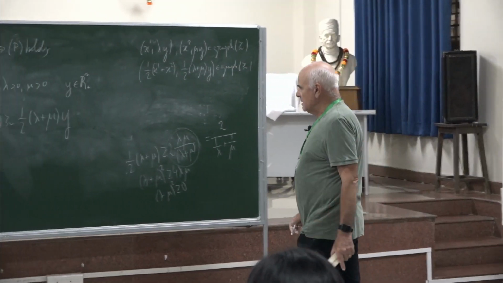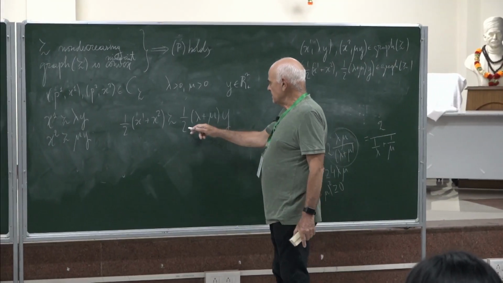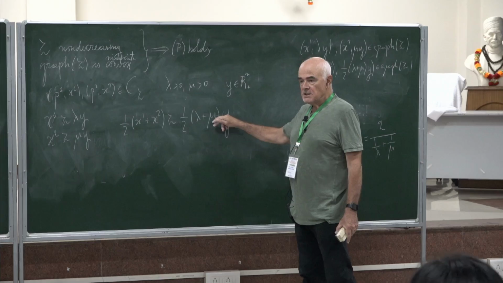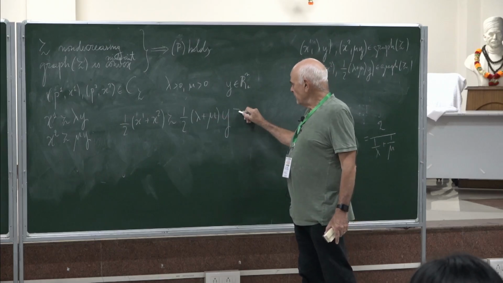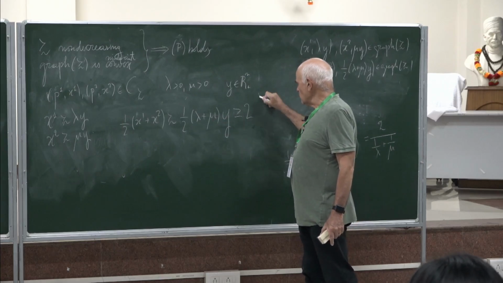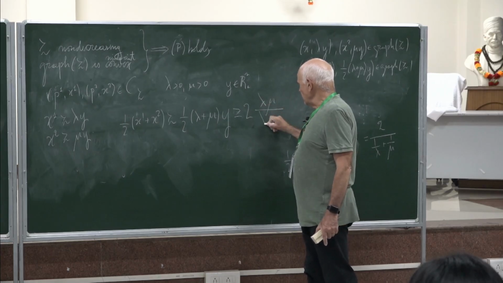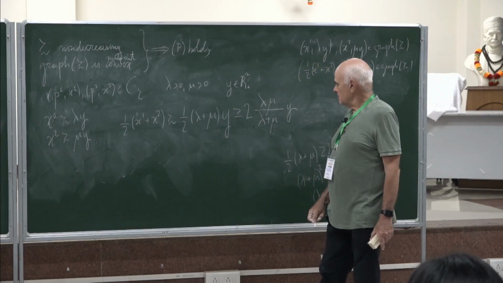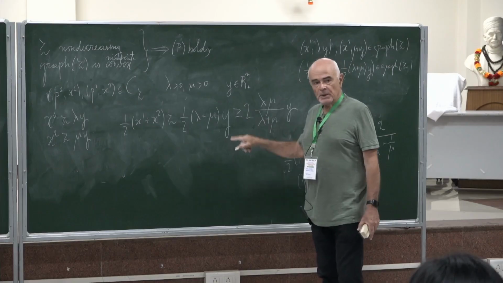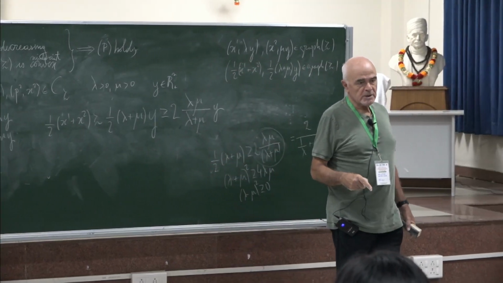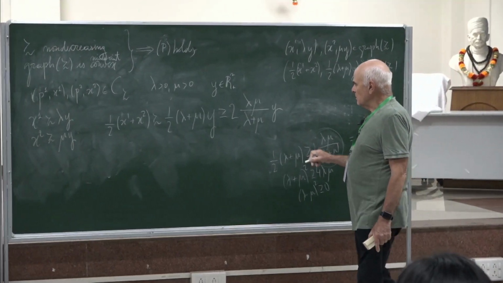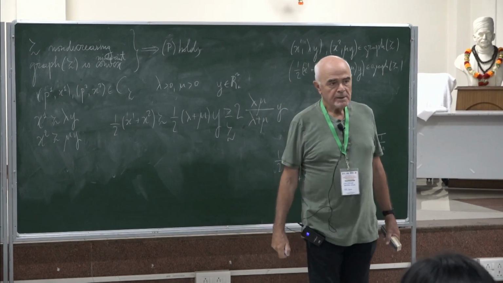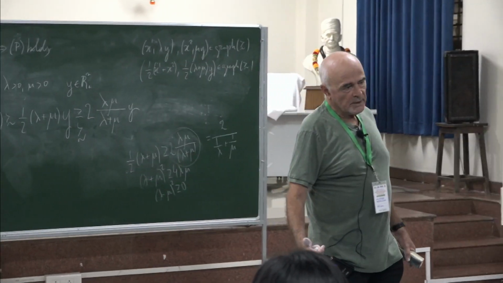Okay, then in this case, because the arithmetic mean is larger than the harmonic mean, you have this greater than or equal to twice lambda mu divided by lambda plus mu y. But our preorder is non-decreasing, so more is better. So this is preferred to y.